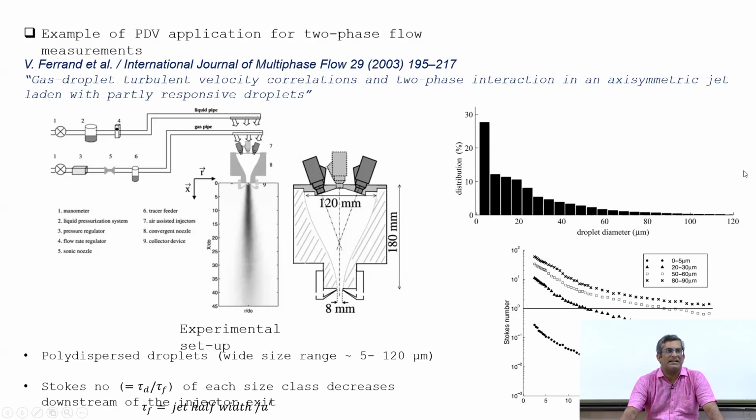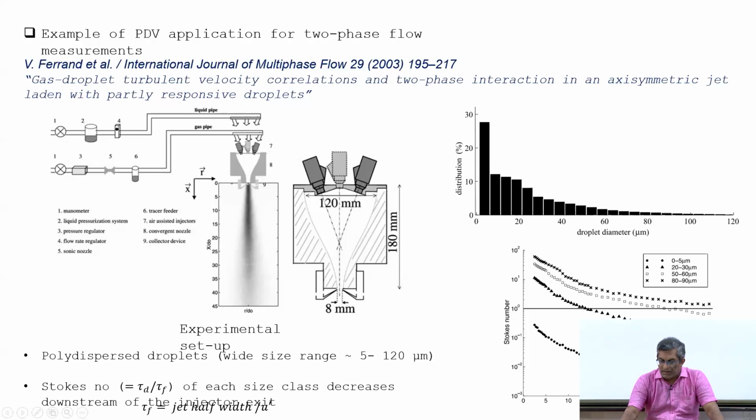This is the particle size distribution that they could measure. Now, they could also calculate the Stokes number based on the particle size class. As you can see here, they have considered different size classes of particles like this.